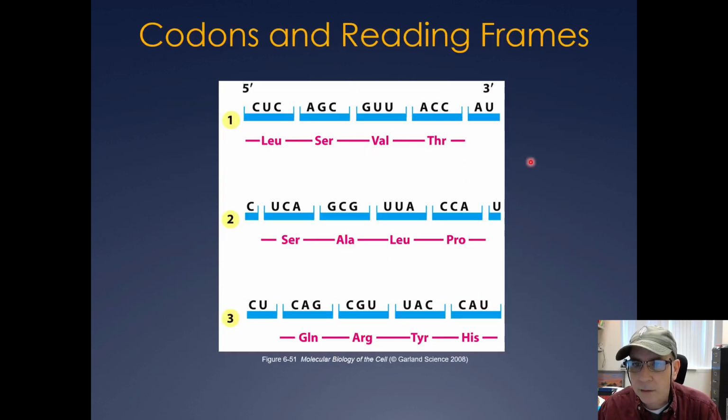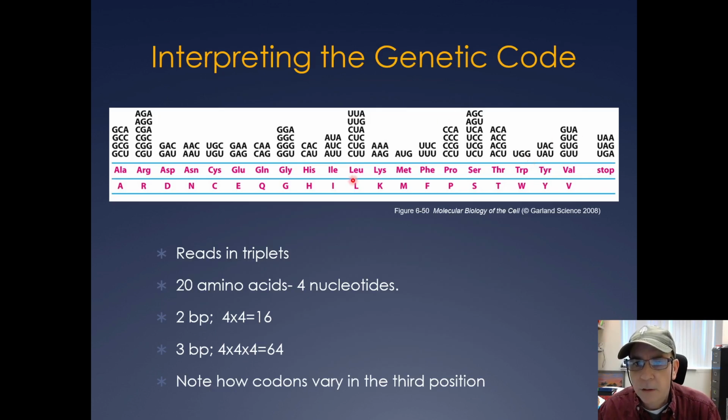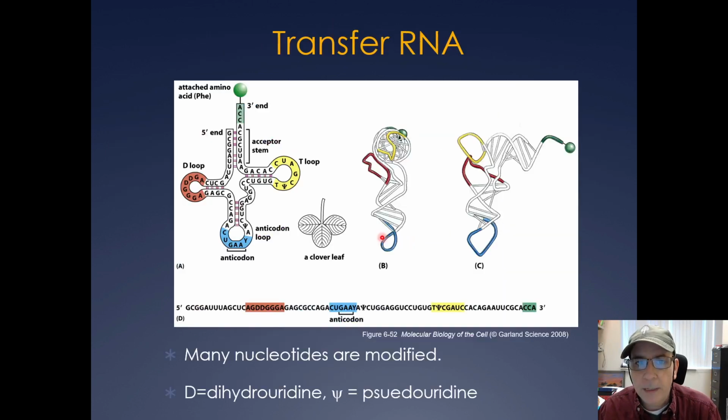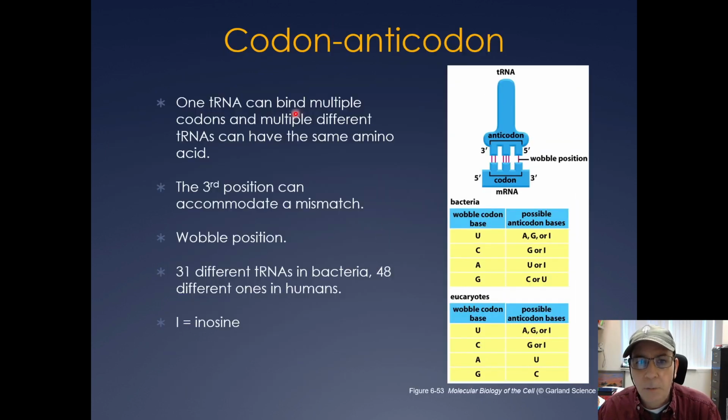So if you go back to this chart, multiple different tRNAs with different sequences are going to have the same amino acid, okay? And one tRNA can bind to multiple different codons in the messenger RNA.